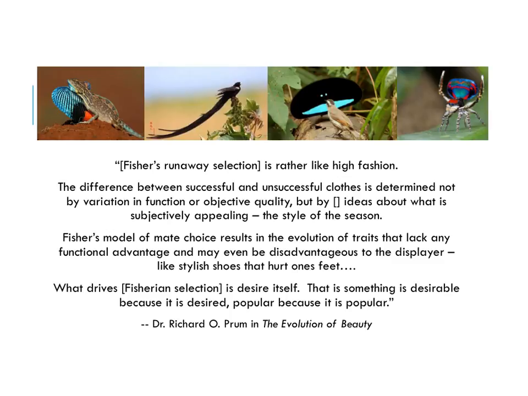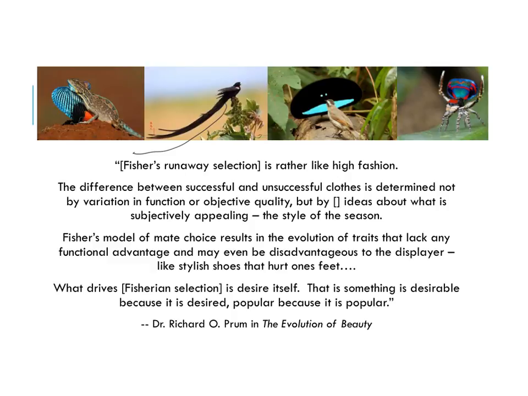Not based on survival. All right, so Fisher's model of mate choice results in the evolution of traits that lack any functional advantage, like this super long tail, no functional advantage. So they lack functional advantage, and it may even disadvantage the displayer, like stylish shoes that hurt one's feet.